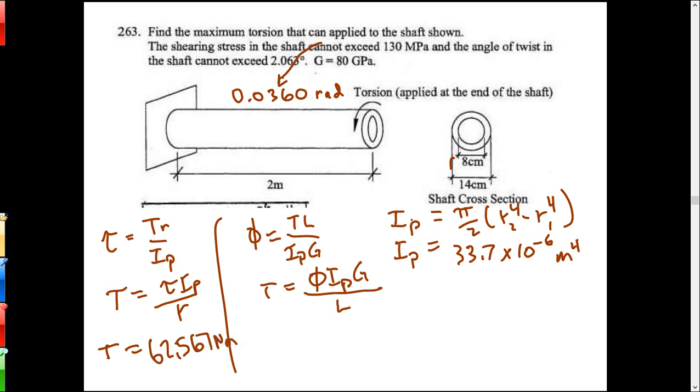And then on this other one here, you should get 527. Okay, so that's how that ought to work.